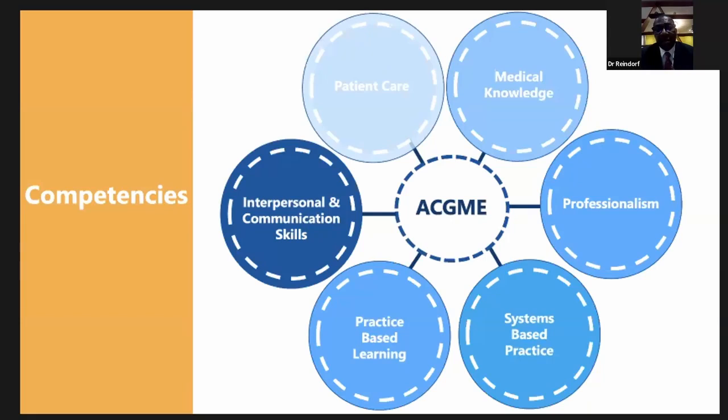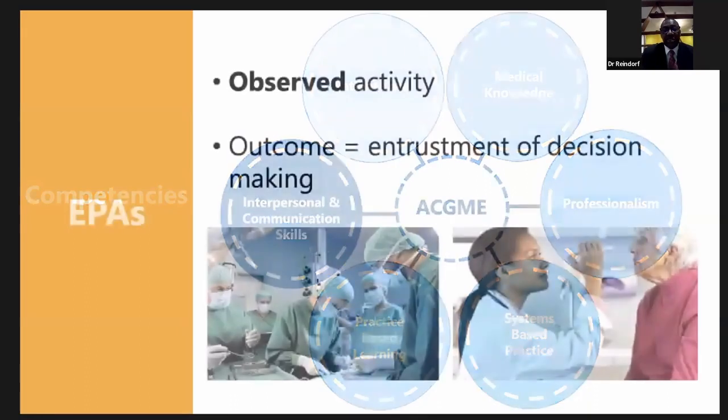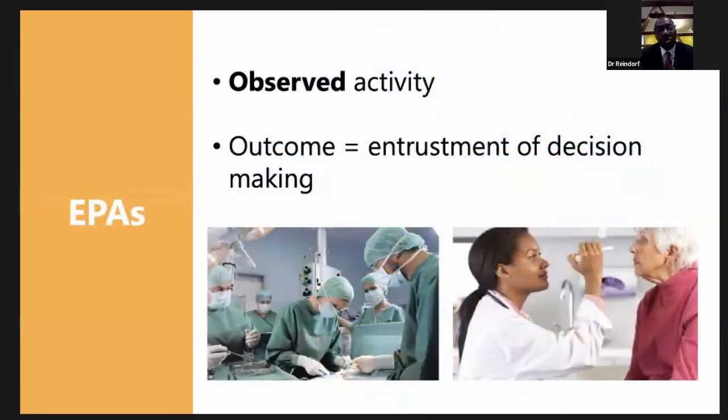And then practice-based learning. How do you do reflection and resort to literature to improve and practice on current evidence? And then interpersonal communication skills. So if you take these competencies, then for a specific entrustable professional activity, 2 or so will be required in delivering the EPA.